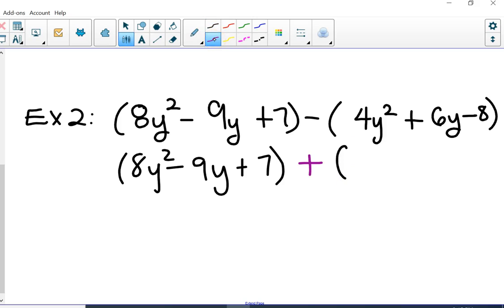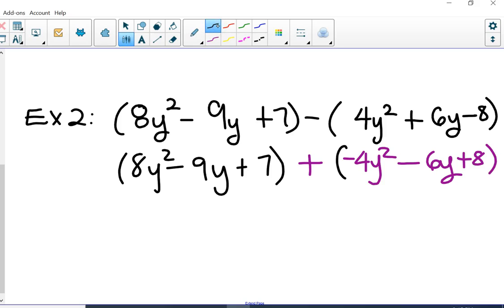So this 4y squared becomes a negative 4y squared. This plus 6y becomes minus 6y. And this minus 8 becomes plus 8. So 8y squared minus 9y plus 7 is the same thing as plus negative 4y squared minus 6y plus 8.